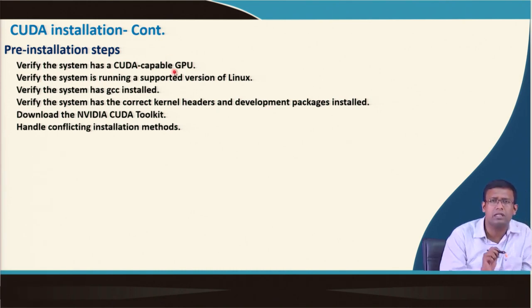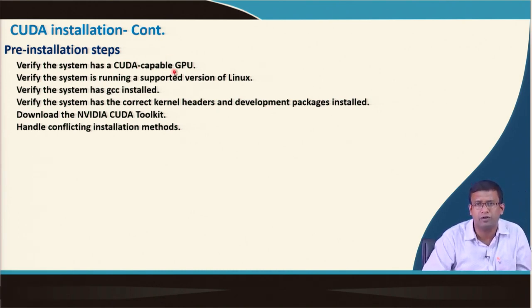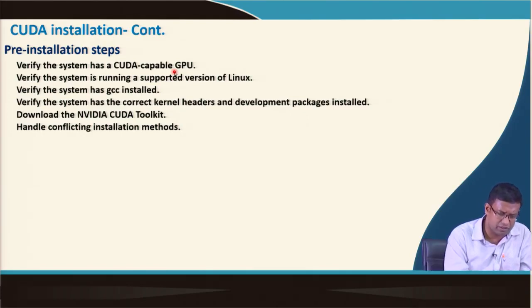We have to also see that the compute capability version for that GPU supports the particular version of CUDA you are trying to install. If you are using an older version of GPU, you have to use an older version of CUDA also. Well, so verify the system has GCC installed, verify the system has correct kernel headers and development packages, and then download the NVIDIA CUDA toolkit and handle conflicting installation methods.